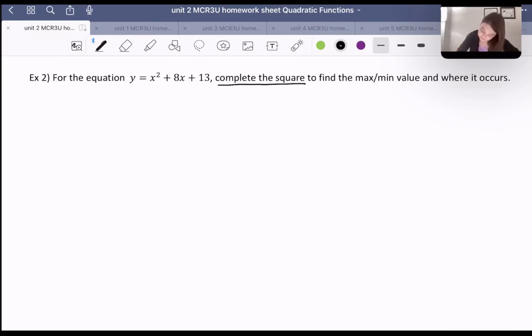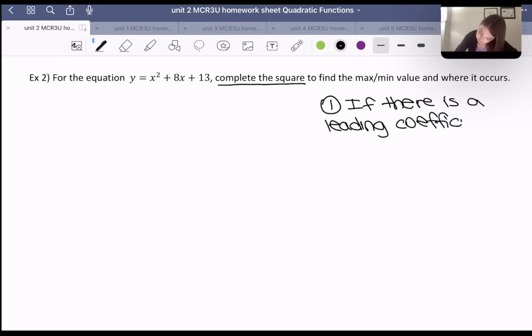Step one is that if there is a leading coefficient, factor it out of the first two terms.